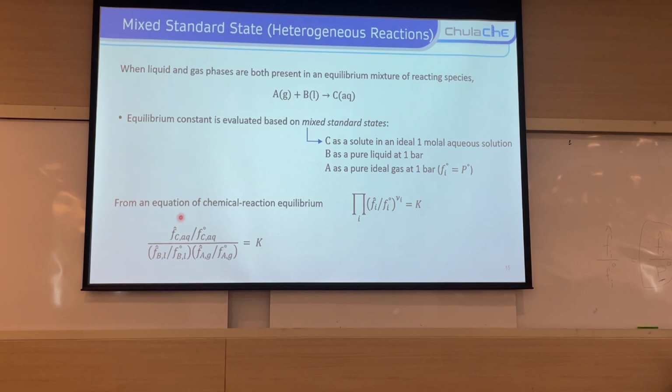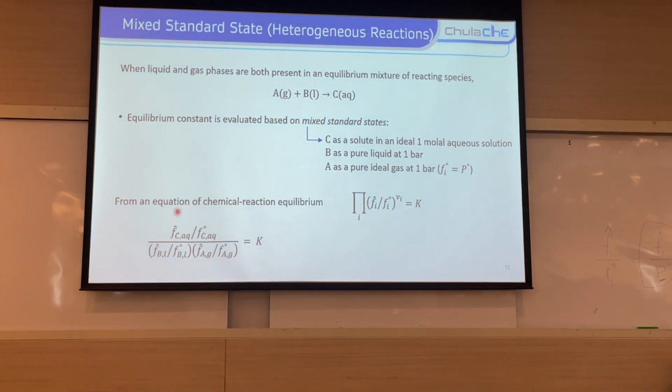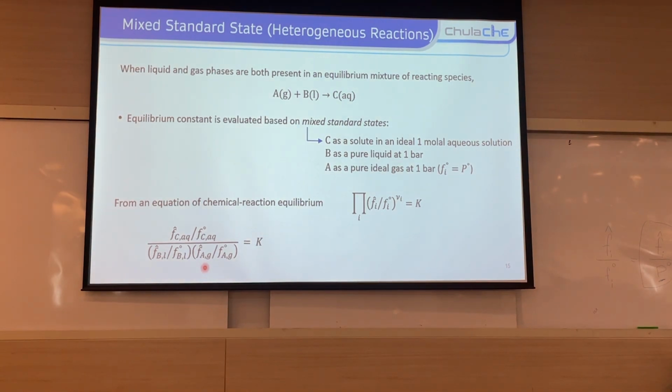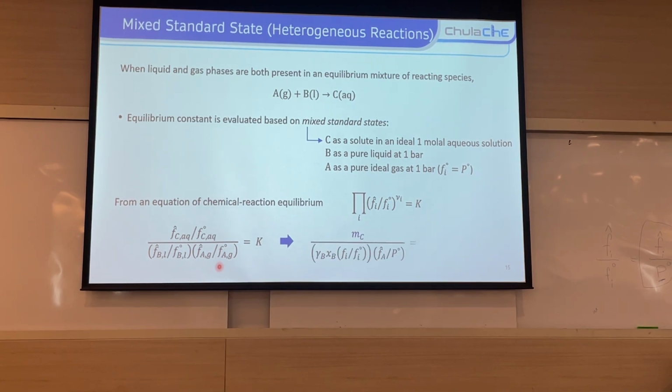For example, the fugacity ratio of species B and species C, with C in the aqueous phase, and species B in the liquid phase, while species A is in the gas phase, like this. It is just different for each species. Then you can simplify this equation based on the phase of each species.